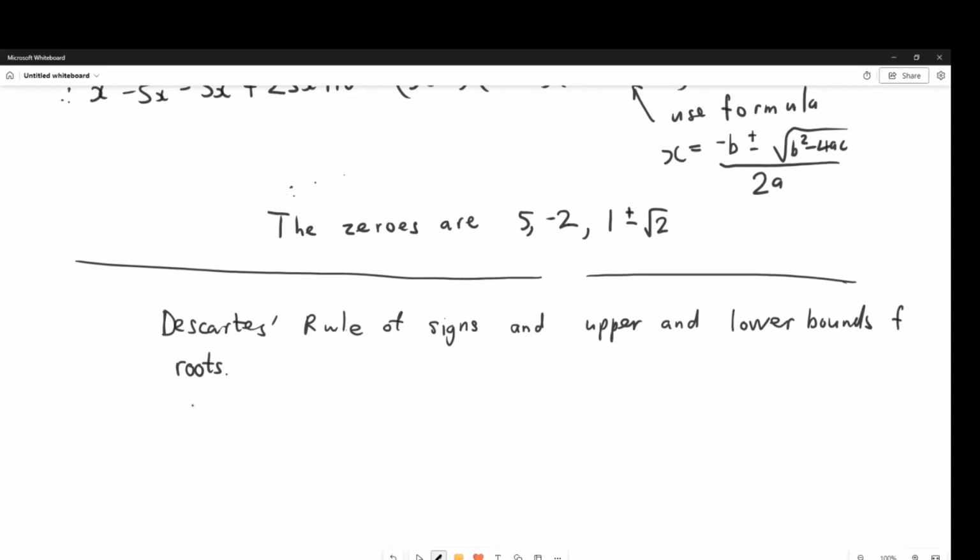Okay. So if you consider a polynomial, p of x equal to 5x to the 7 minus 3x to the 5 minus x to the 4 plus 2x squared plus x minus 3. Basically you check how the signs vary, and later on you'll see how it comes into play when you check for the upper and lower bounds of the roots, in what interval the roots are lying.